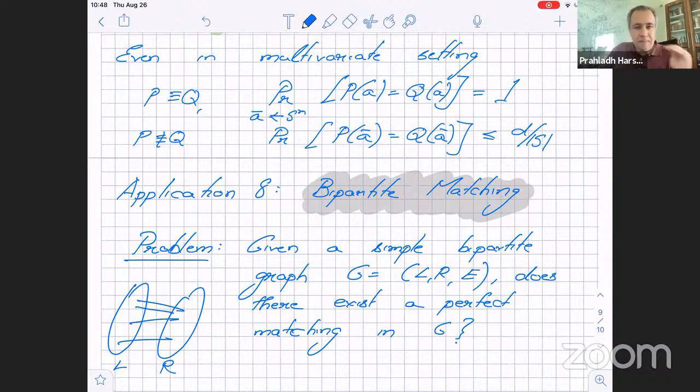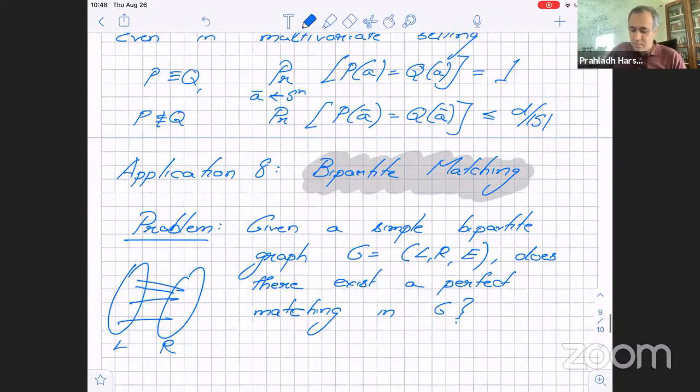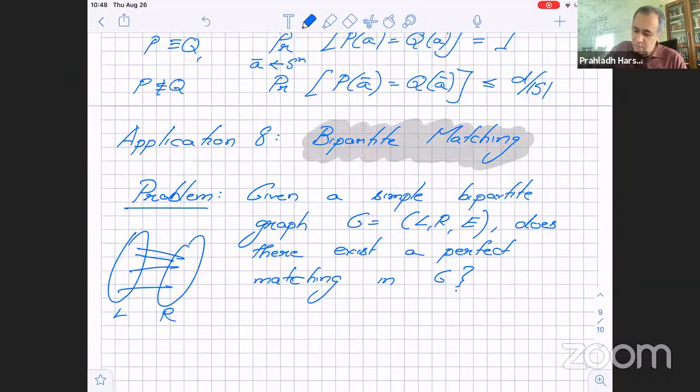This is sort of a permutation. There is an underlying set of matching edges. So every vertex here is uniquely mapped to a vertex here, and I'm not stating this correctly, but you follow what I mean by a perfect matching. I want to ask, given a bipartite graph, does it have a perfect matching, which matches all the vertices in L and R?